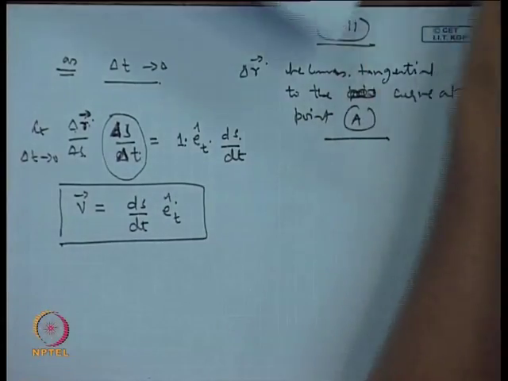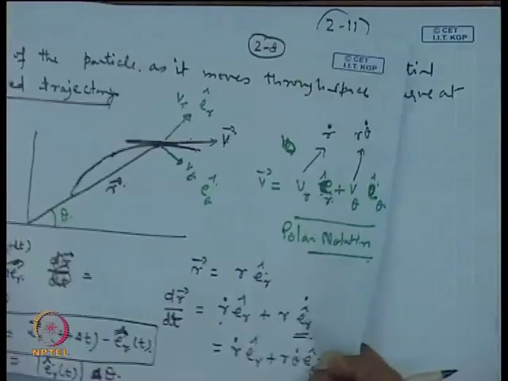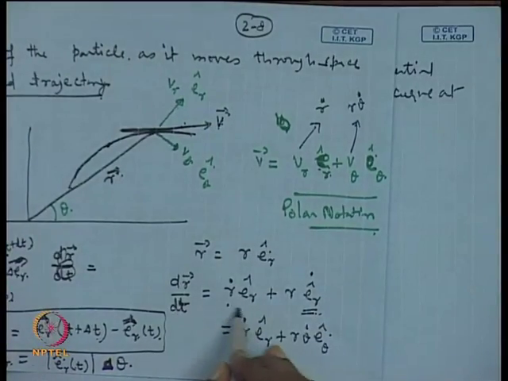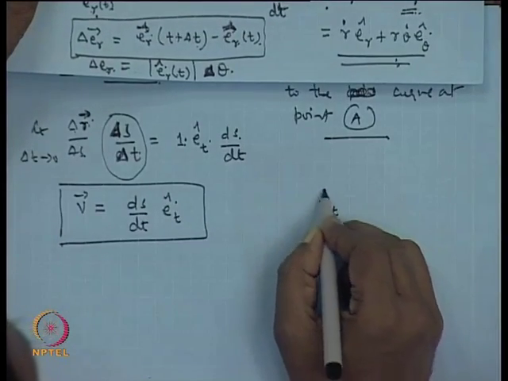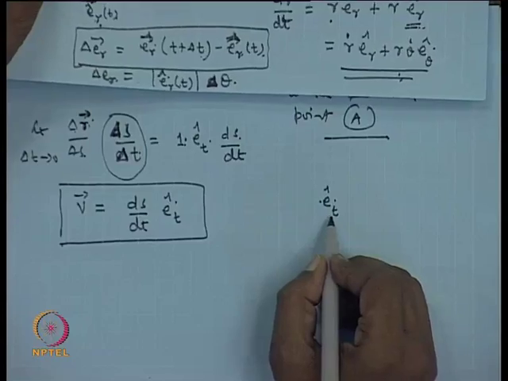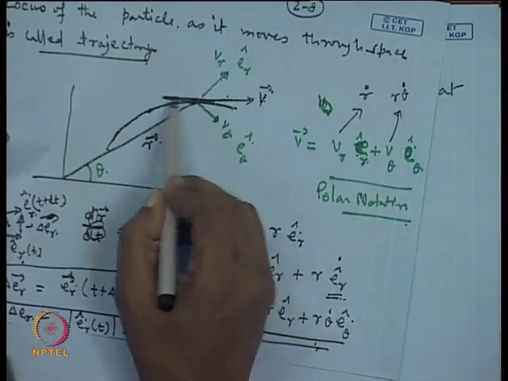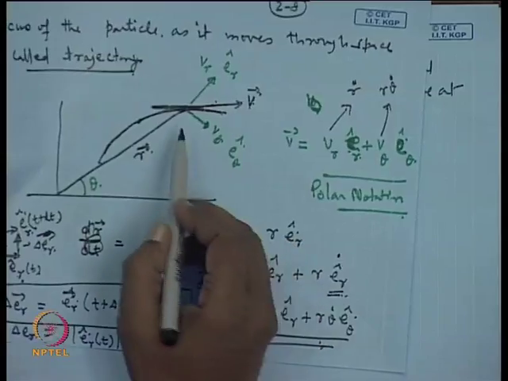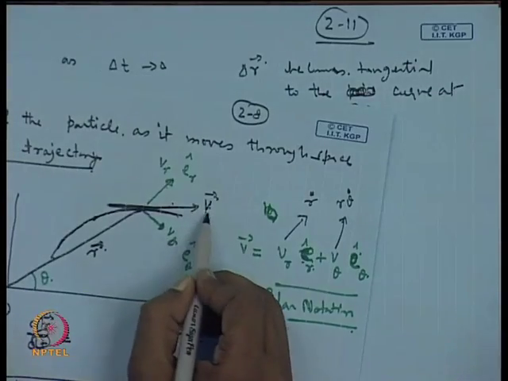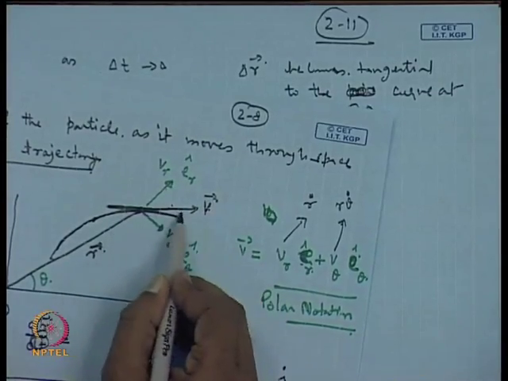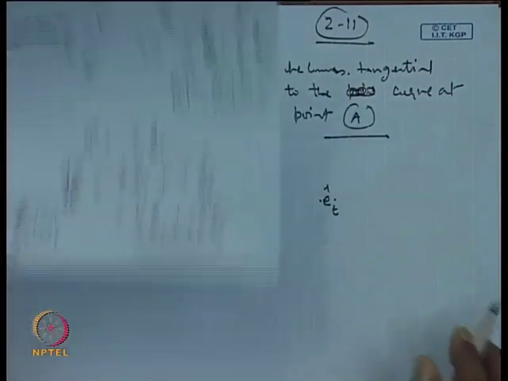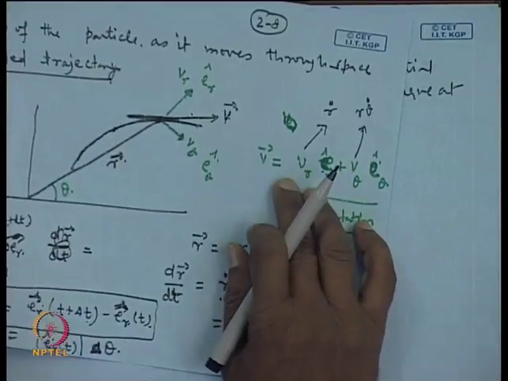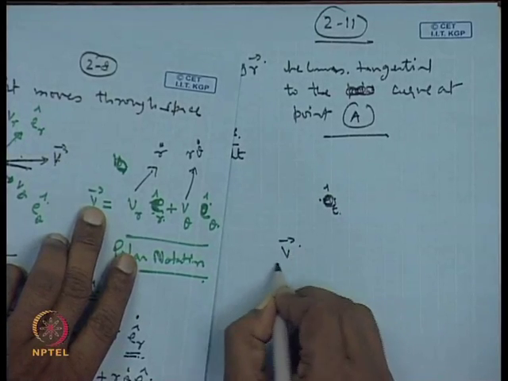times E t. Now, referring back to the representation that we gave in this place, we can see that we have written it in this way here. So, E t is a vector which is tangential to this point. So, E t is nothing but in the direction of this v direction that we have shown. From here also you can get the unit vector in the direction of t. So, you can write this as v divided by the magnitude v.